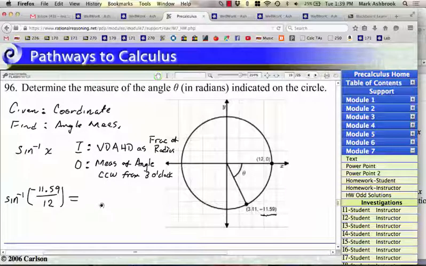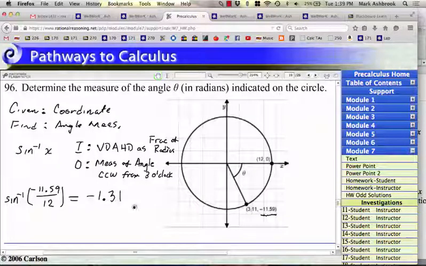We've got to make sense of this number. Do you get negative 1.31?